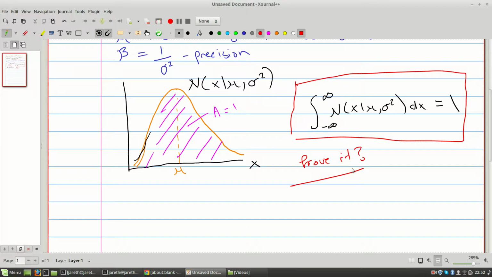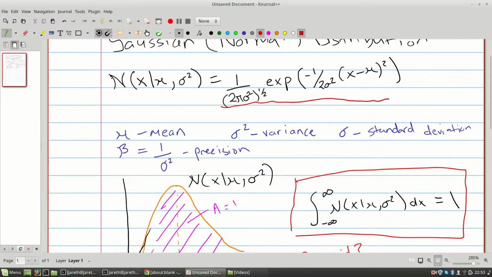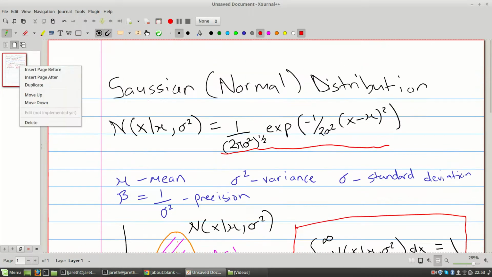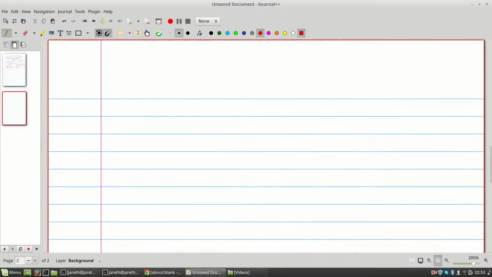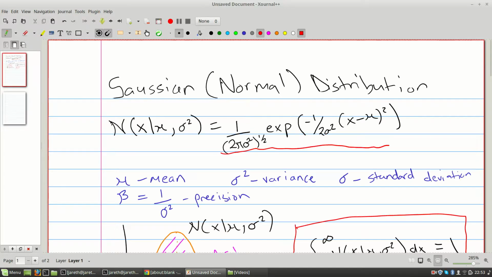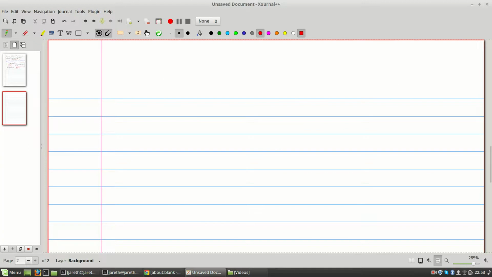So let me do that on a different page, probably would be better. Okay, so let's remember the formula again, written here for the Gaussian distribution. After remembering it, now we can go about proving this.